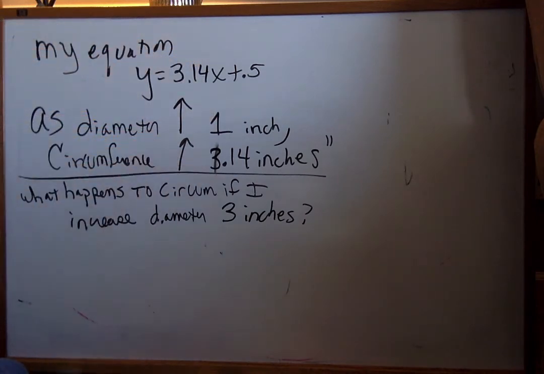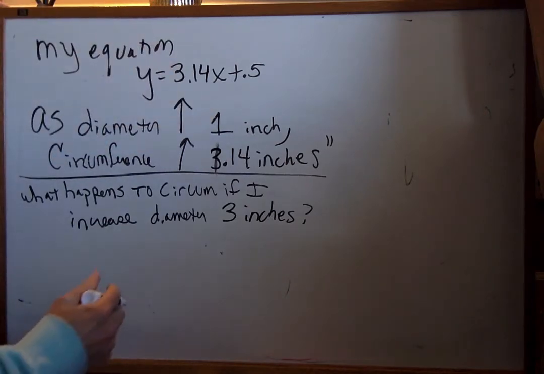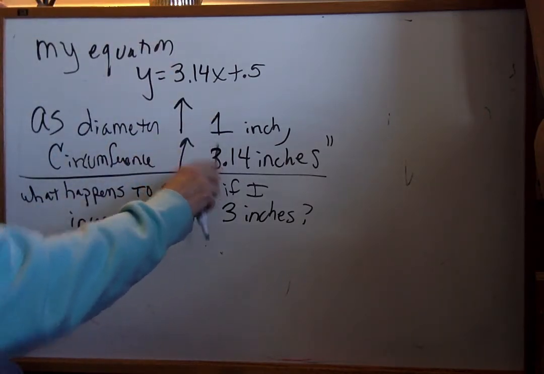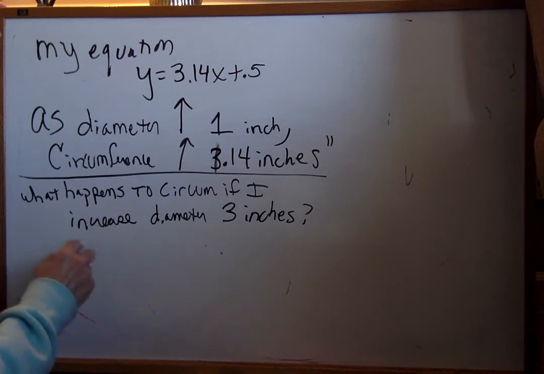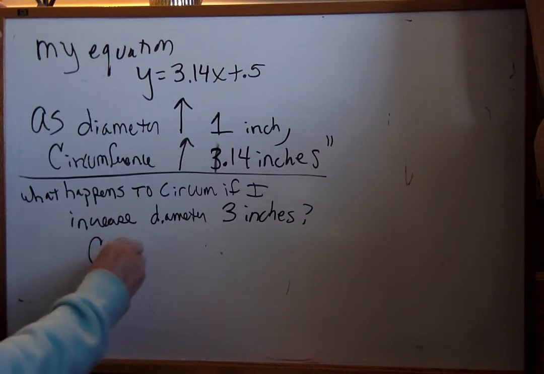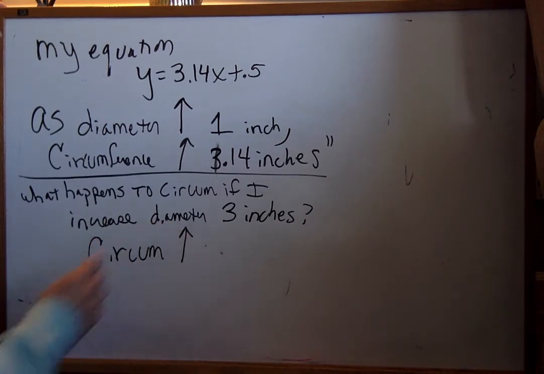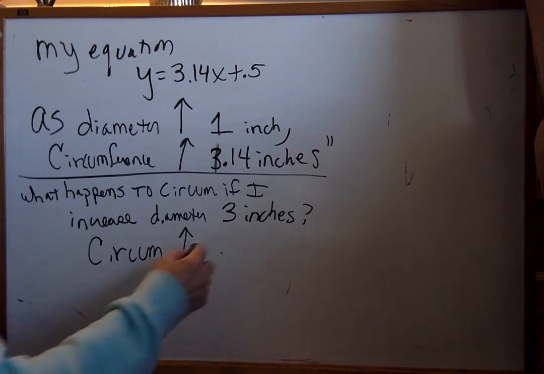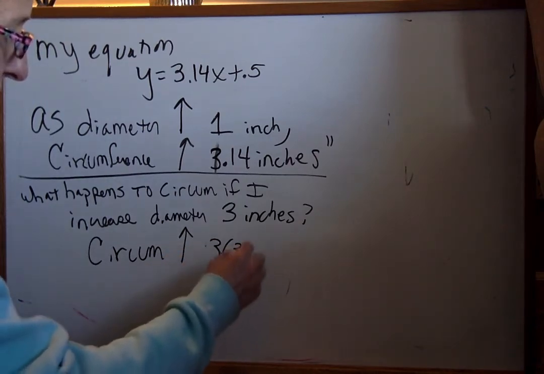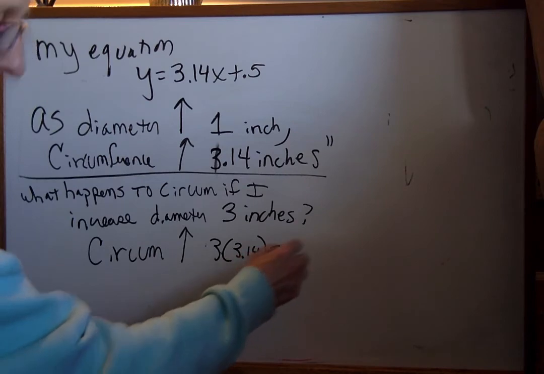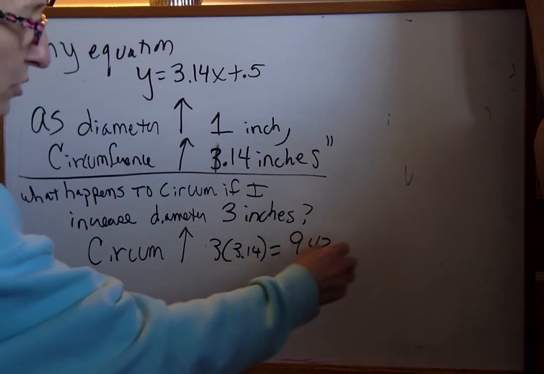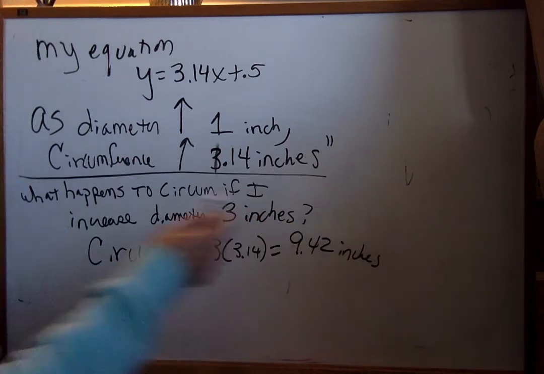We're just dealing with proportions. So if you want me to increase diameter 3 inches, you multiply that by 3, then I better multiply that by 3. Circumference will increase 3.14 times 3, which is 9.42 inches. Okay.